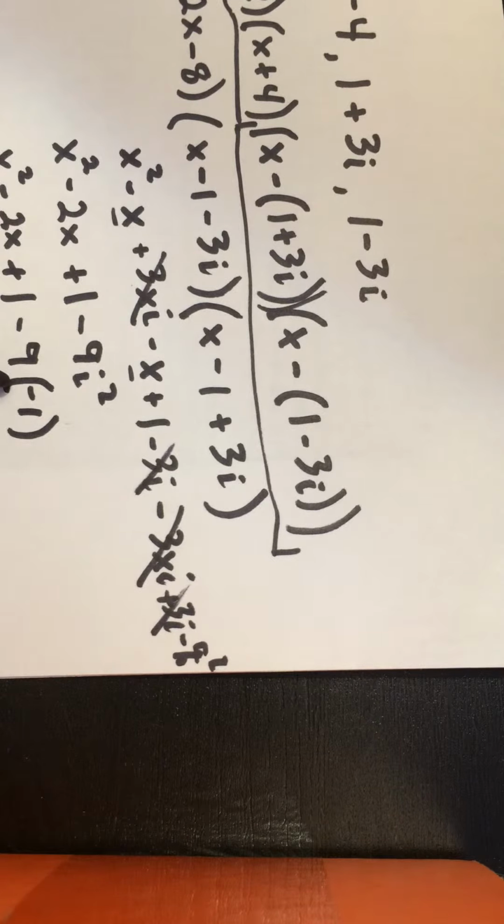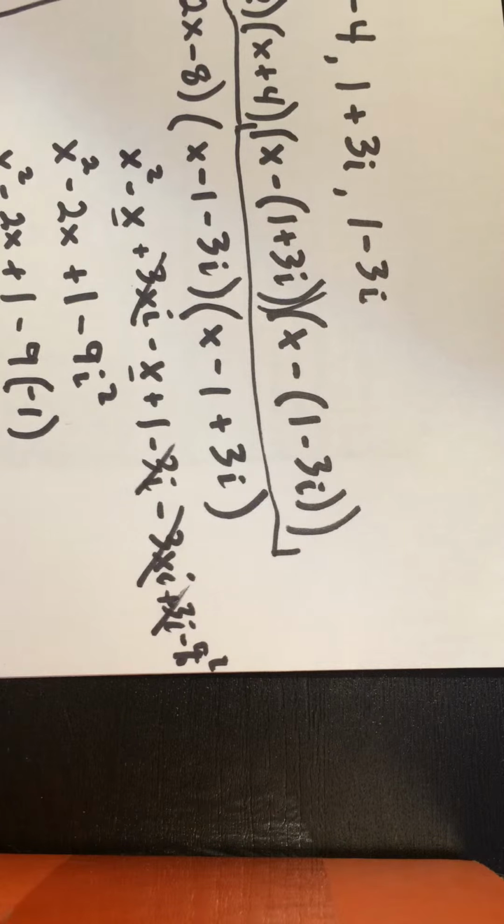So minus a -9 gives us plus 9. So we get x squared minus 2x plus 1 plus 9 is 10. Now we have this term, and I'm going to bring down the other side, x squared plus 2x minus 8.